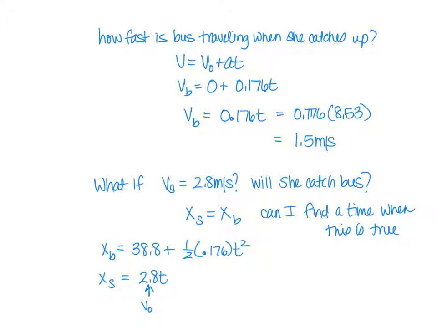So those are the two terms I'm going to set equal to each other. When I say the student position is the same as the bus, I get 2.8t is equal to 38.8 plus 1/2 times 0.176 t squared.